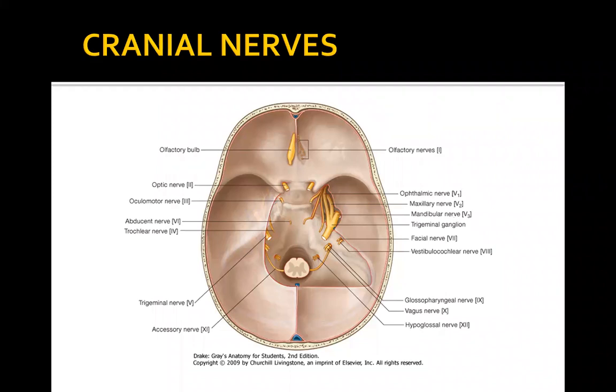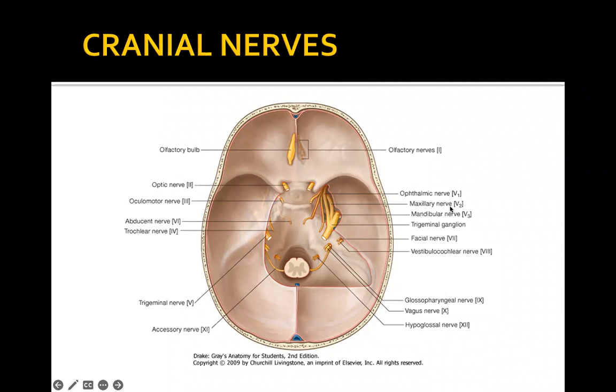I've already told you that for the 5, as you can see here, it is the V1 that will pass through the superior orbital fissure, okay? V2 and V3 will pass through different apertures, okay? So look out for the foramen rotundum and then the foramen ovale, okay?